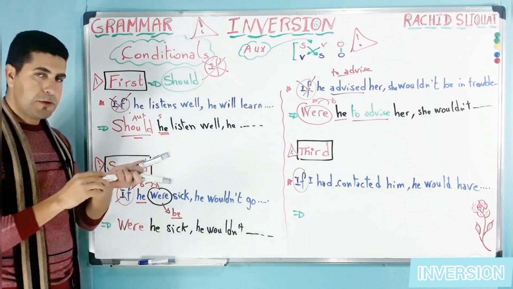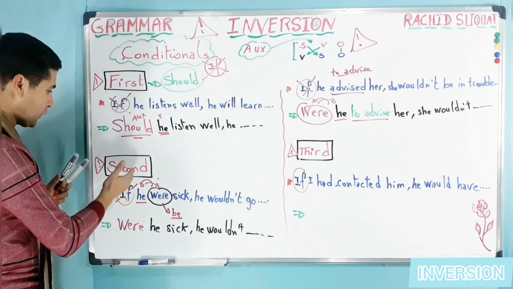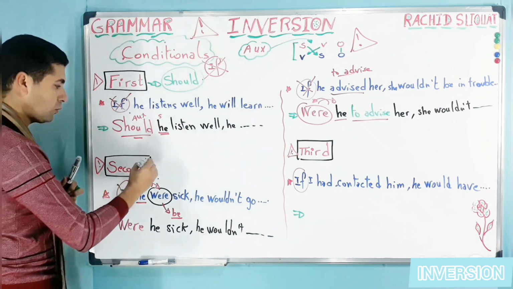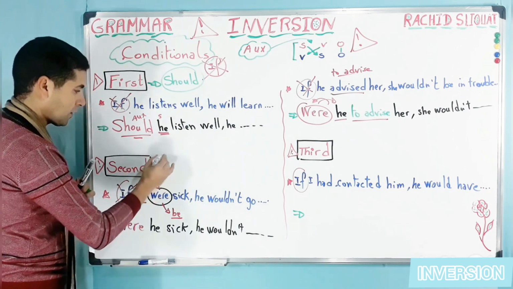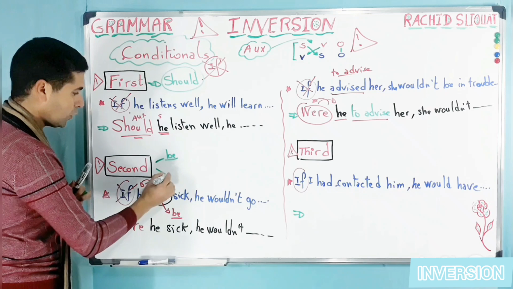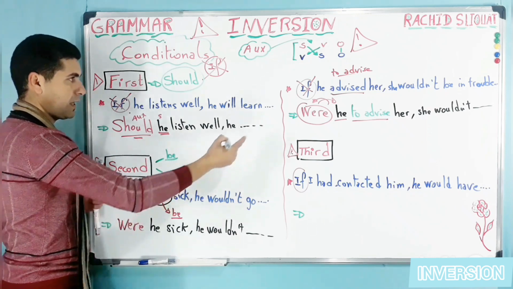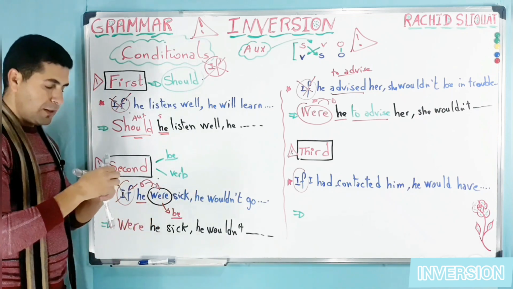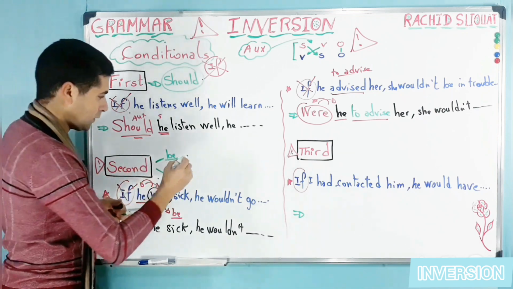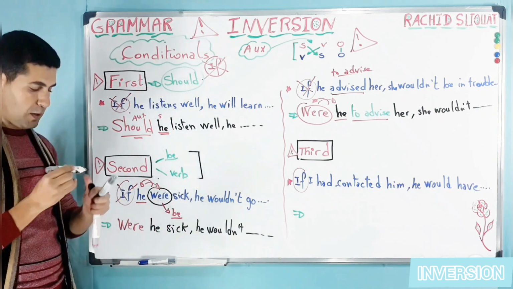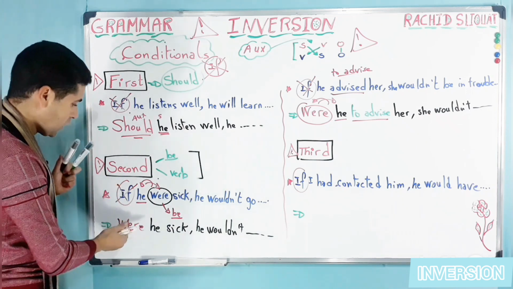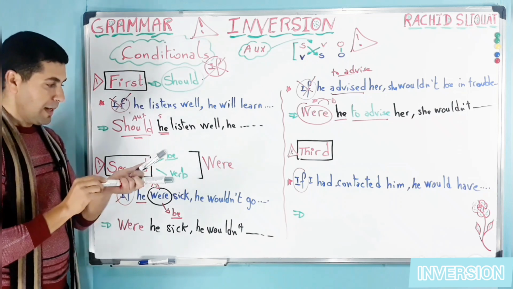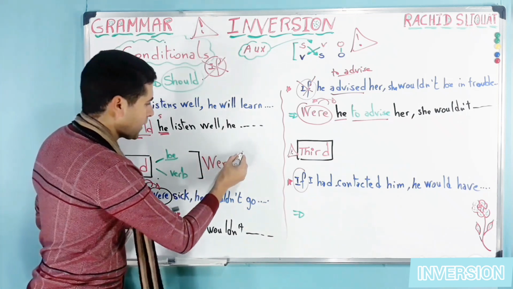So if you want to summarize the second conditional, it's always with either be, like this one, or with other verbs, like here. In both cases we have to start with were.